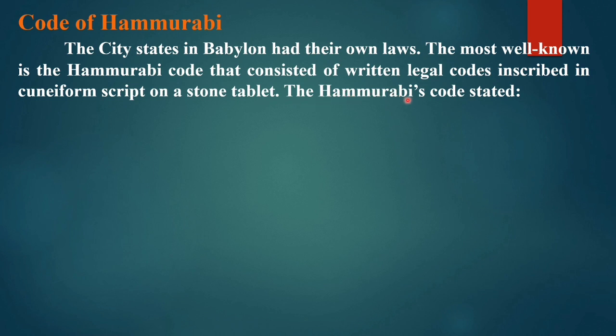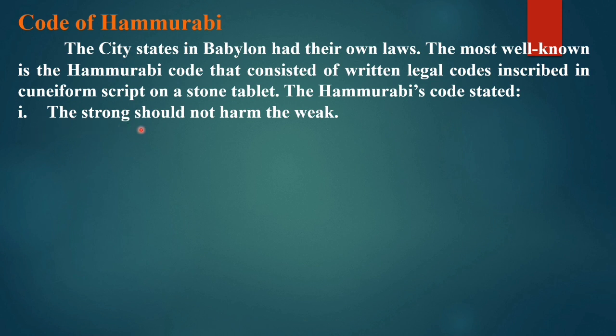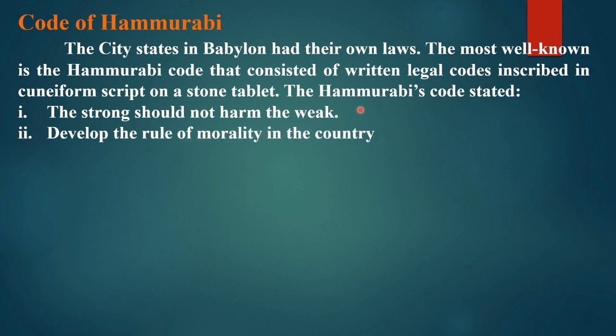The Hammurabi Code stated, number 1, the strong should not harm the weak. Second, develop the rule of morality in the country. Number 3, punish the wicked and evildoers.